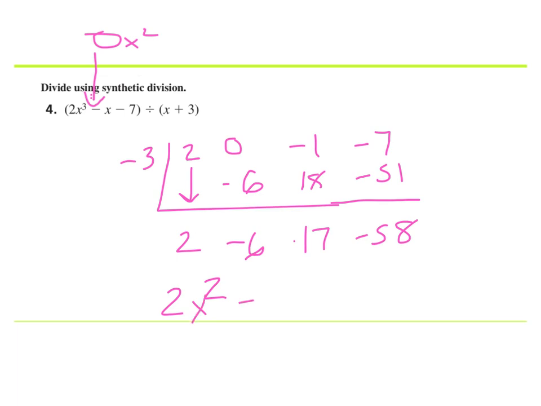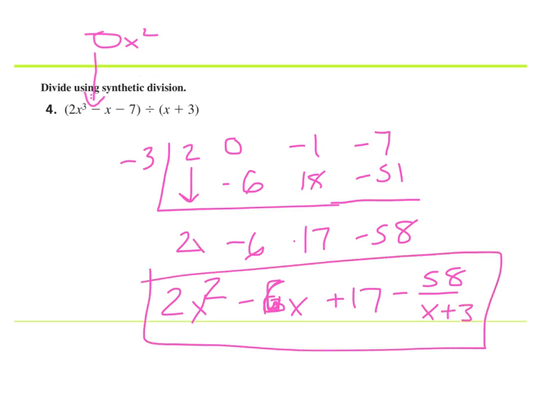Gregory, go ahead. 2x squared minus 6x plus 17, remainder negative 58 over x plus 3. Perfect. So this is our x squared term, this is our x, this is our constant, and this one's our remainder.